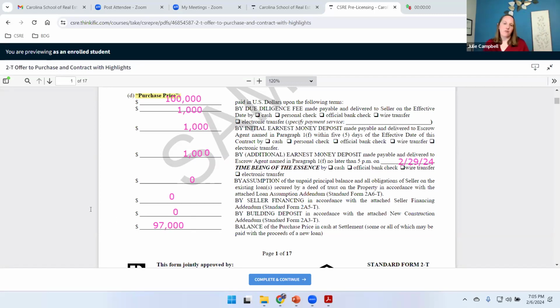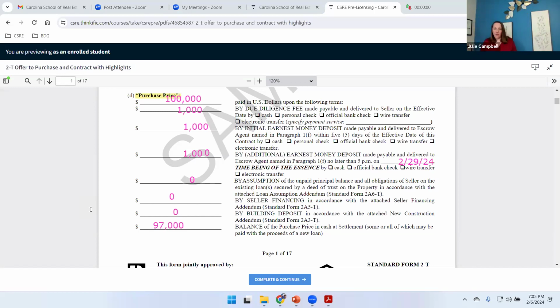If we make it to closing, this due diligence and earnest money will be credited back to the buyer. So what I'm telling you is I agree to give you $100,000 to buy your home. I'm giving you $3,000 in fees and deposits. So now on closing day, I only owe you $97,000. It'll be credited back to the buyer at closing.